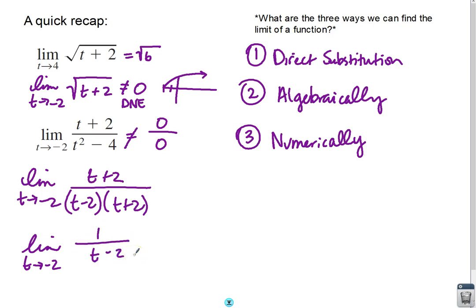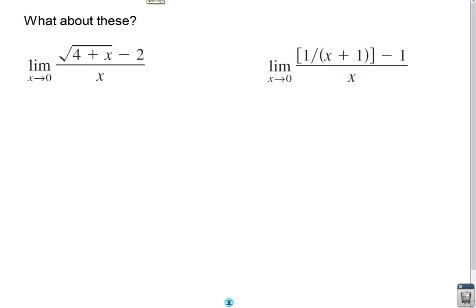From here, I can do a direct substitution, 1 over negative 2 minus 2, so I have a limit of negative 1/4. And that works out really well. We're not going to go over numerically because you're just plugging numbers into a table, and that is boring.